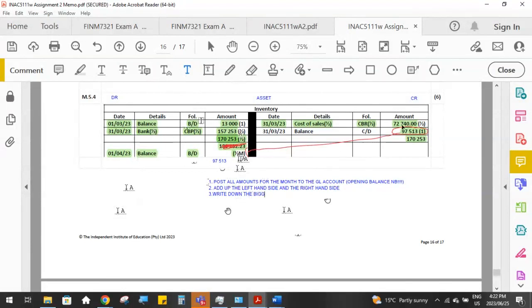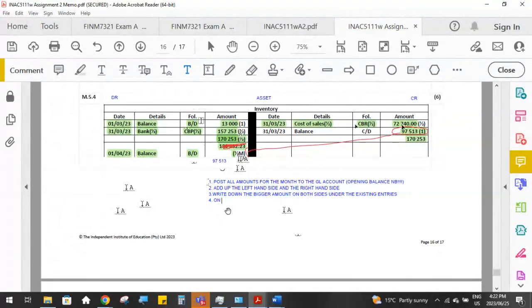Write down the bigger, the largest amount on both sides under the existing entries, if you can understand what I mean. So here's our existing entries, and underneath them on the same line, we write down the total of the larger amount.